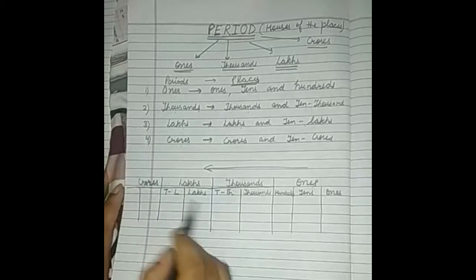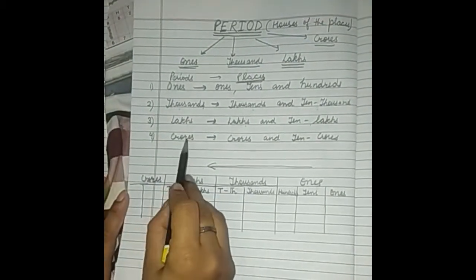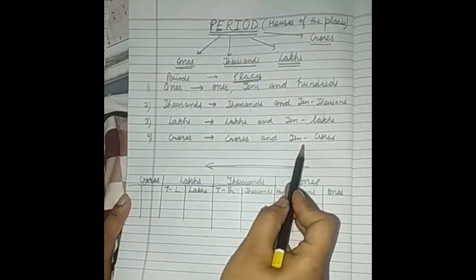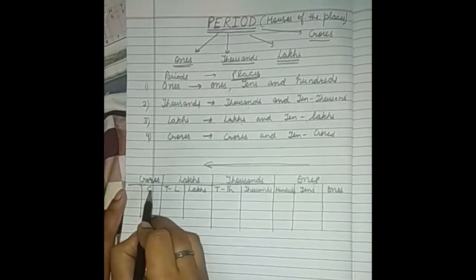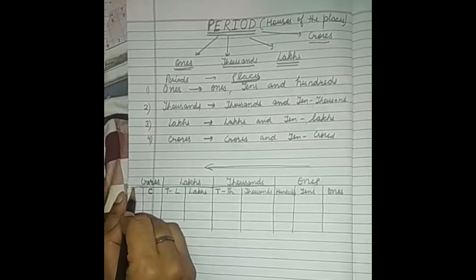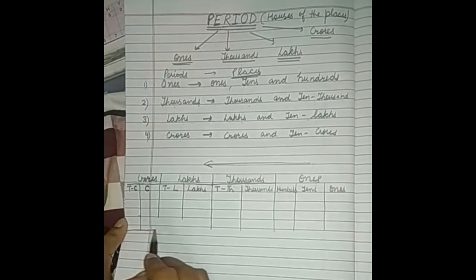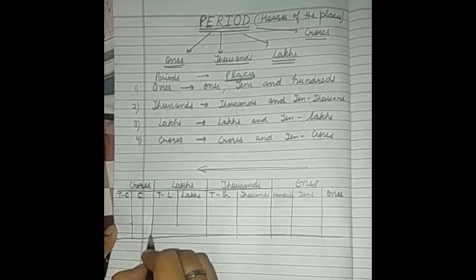I am writing TL for 10 lakhs. So the last period is the crores period, and now we are going to place these two places in the crores period. That is, C stands for crore and TC means 10 crore. So this is a place value chart.